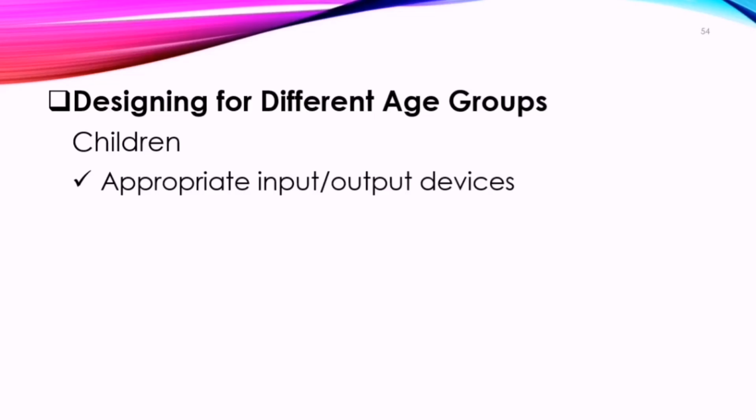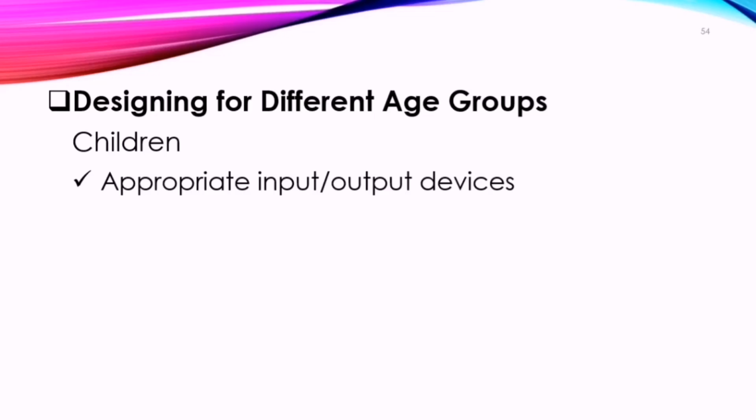Because of the age groups, for example, a toddler cannot yet read, so do not give a toddler a mobile device or computer full of text commands. Unlike the age group of teenagers. Those are what we need to consider when we design for different age groups.